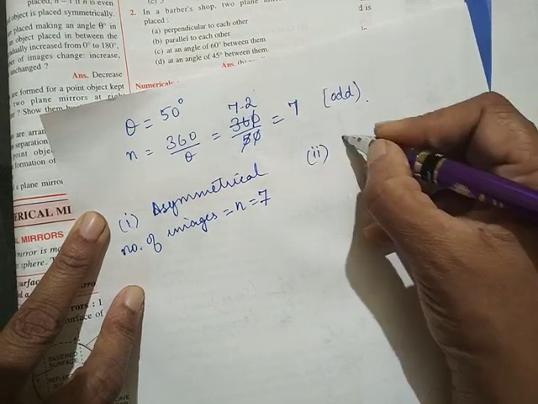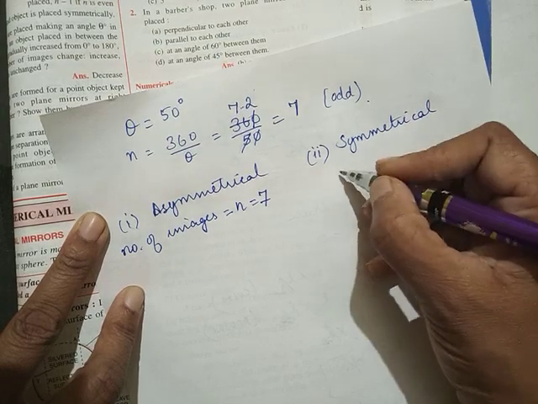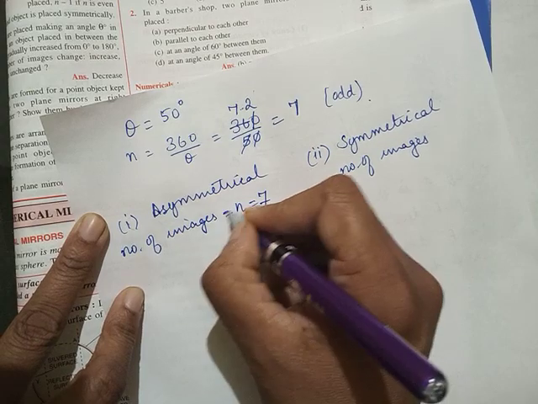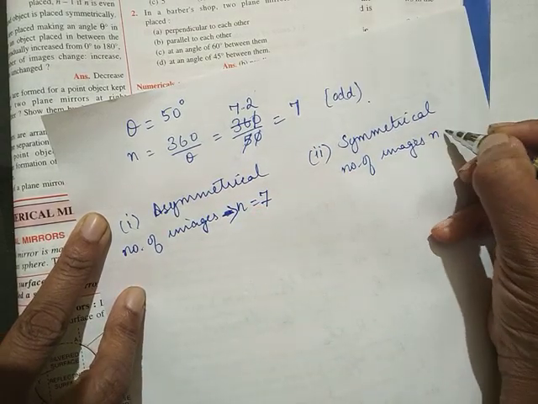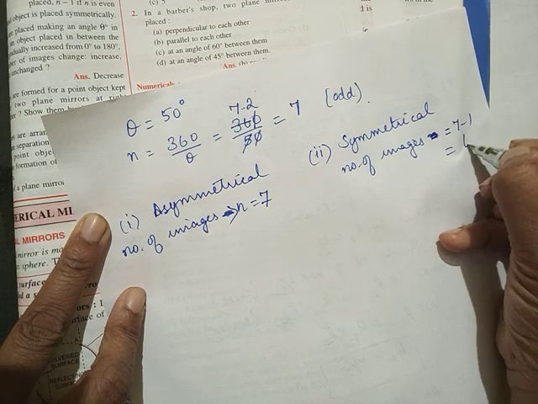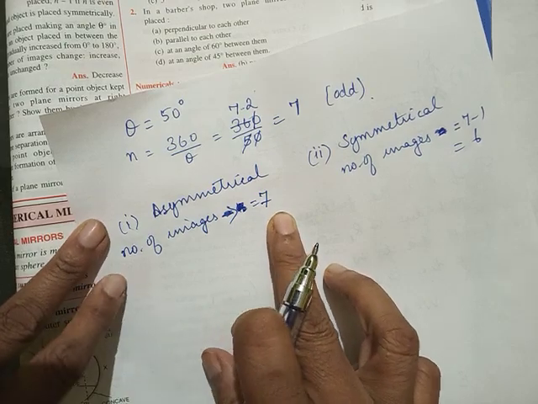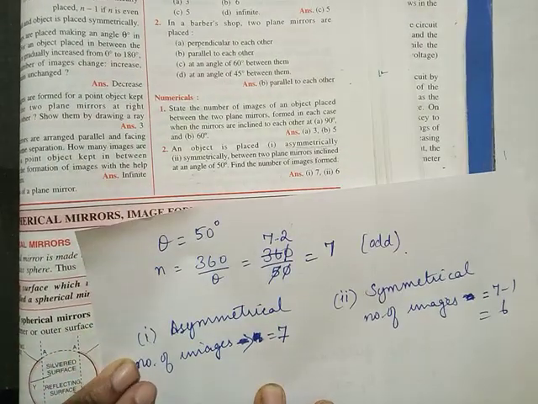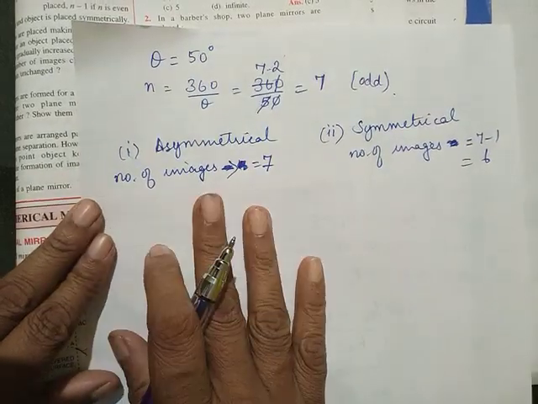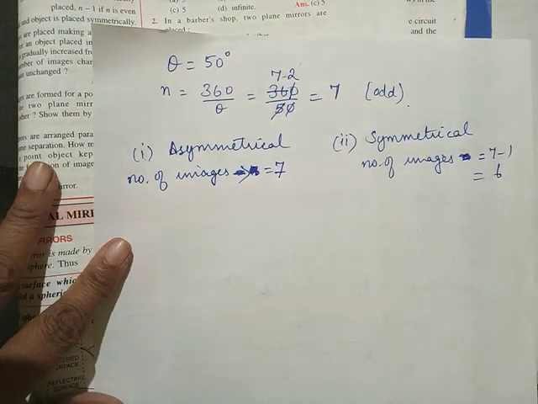Second case, if it was symmetrical, the number of images is equal to 7 minus 1, that is 6. In asymmetrical it is 7 and in symmetrical it will be 6. Hope you understood, children. So this is how you have to find the number of images formed.